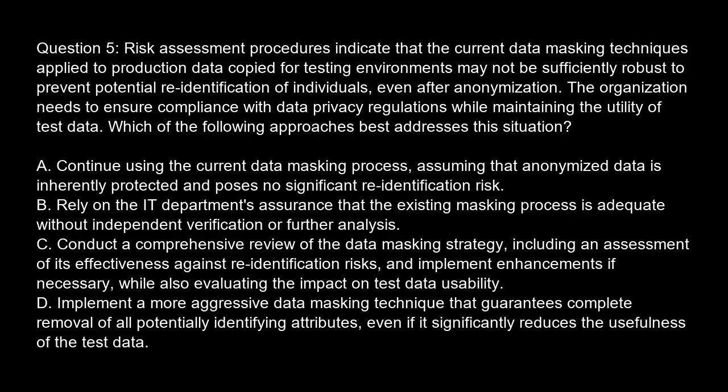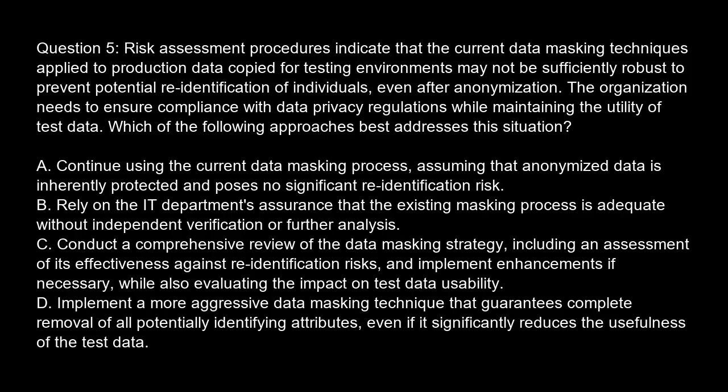Option A. Continue using the current data masking process, assuming that anonymized data is inherently protected and poses no significant re-identification risk. Option B. Rely on the IT department's assurance that the existing masking process is adequate without independent verification or further analysis.